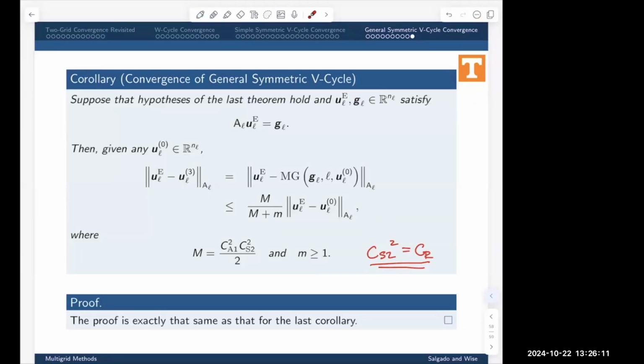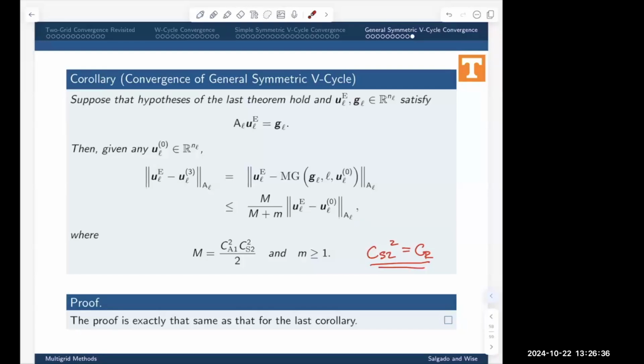The important thing about multigrid type convergences is that this contraction factor here, M, is absolutely independent of L. So this works on any level. So the nice thing is we get a contraction no matter how fine we make our mesh spacing. So that means, in other words, how large this L is.